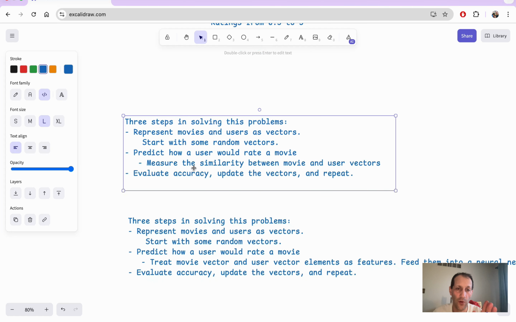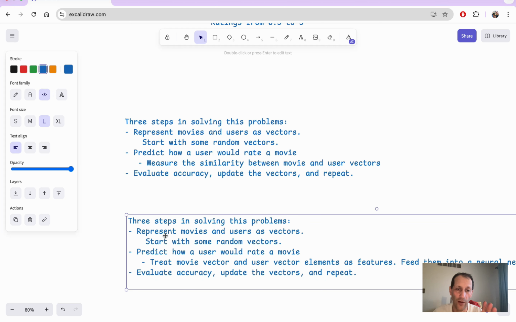This was the first one we went over. The second one, same as above, you represent movies and users as vectors, and you also predict how a user would rate a movie, and then you do the backprop and optimization stuff like you would otherwise.